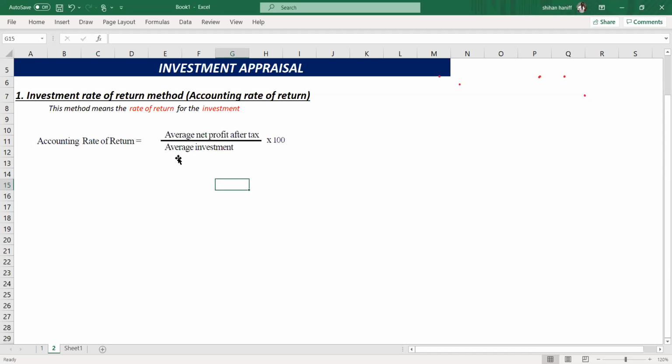Let's write this equation. Average net profit after tax divided by average investment. Accounting rate of return.